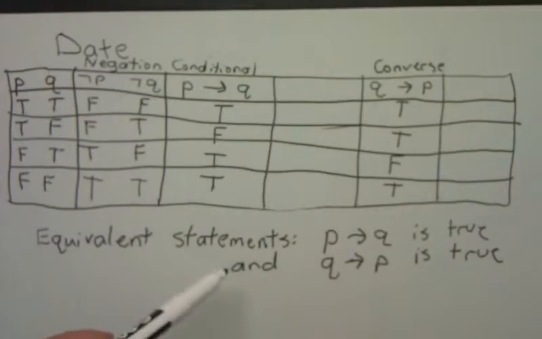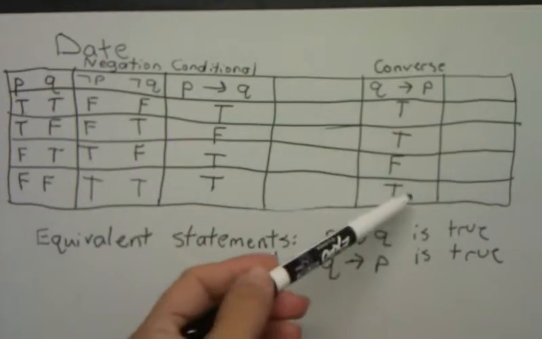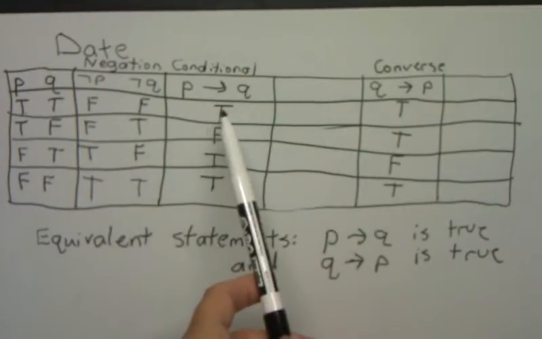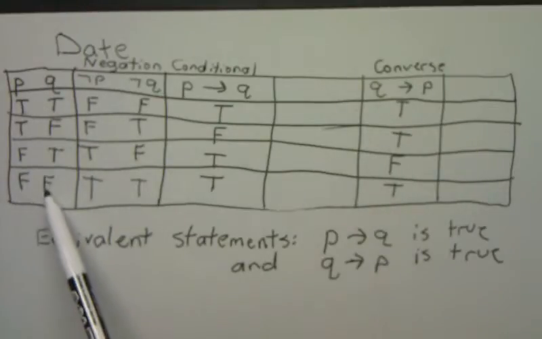So equivalent statements are if my conditional and my converse are both true, then they're equivalent statements. And you'll notice they're equivalent statements whenever P and Q are both true and whenever P and Q are both false. Okay?